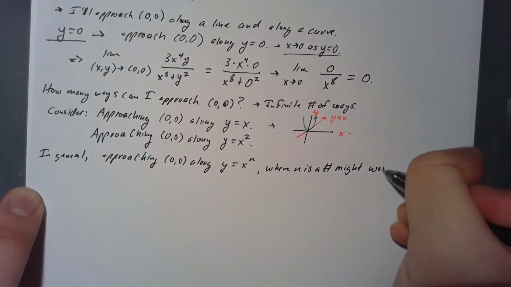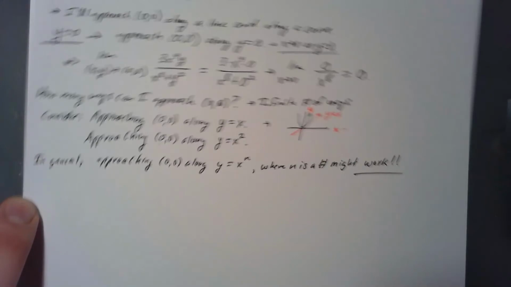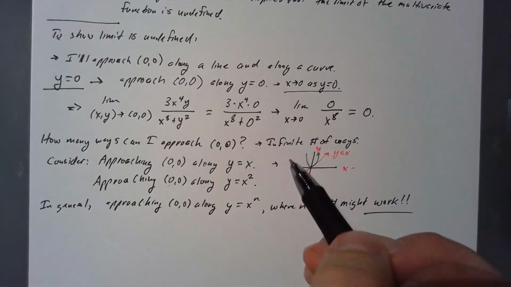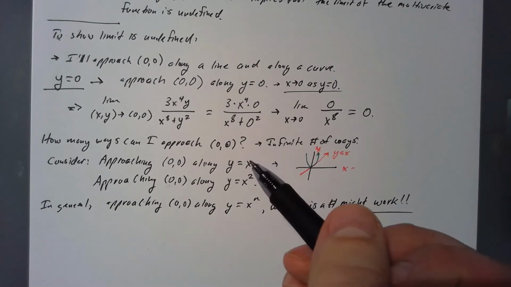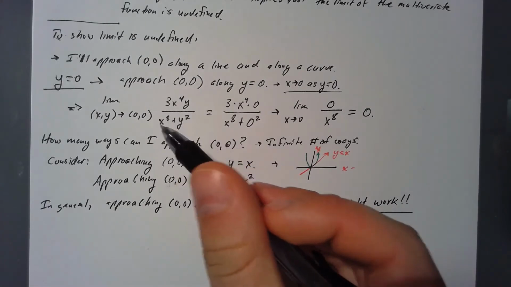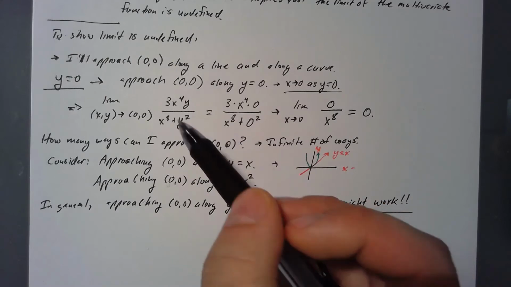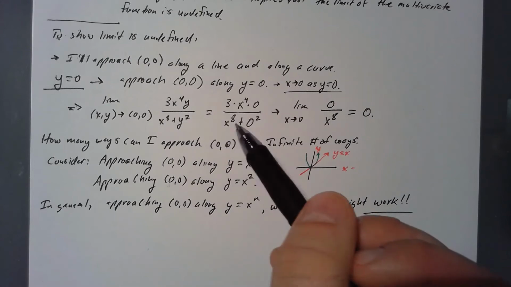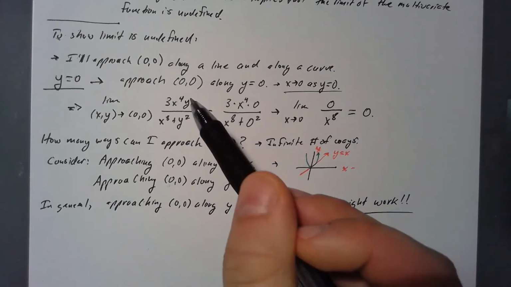I'm not saying they will all work, but in these kinds of problems, sometimes you just got to do trial and error. Try this, plug it in here. Y equals x, that means you could set y equal to x or x equal to y and then see what this evaluates to. Try this one.